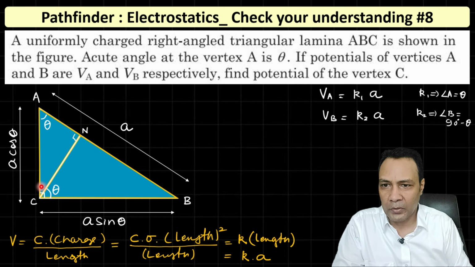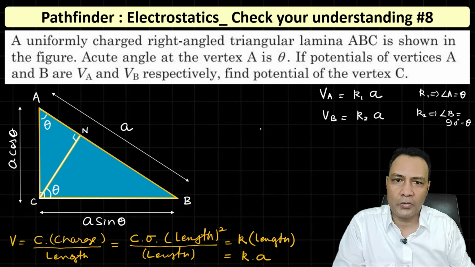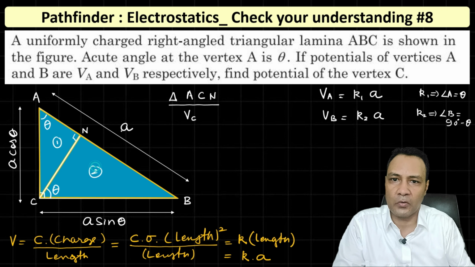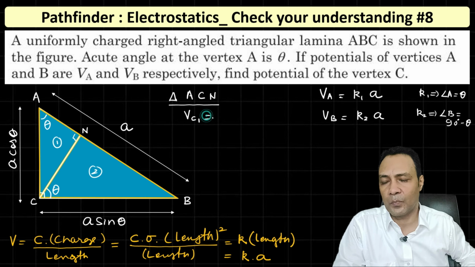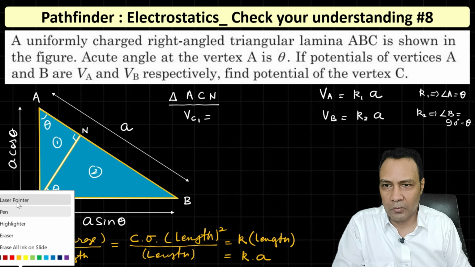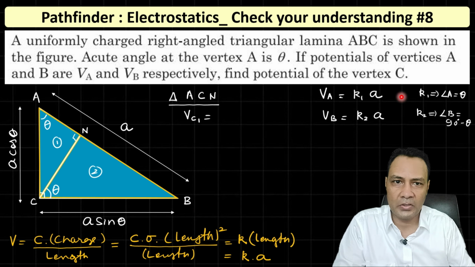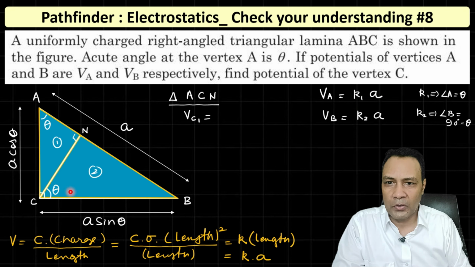So if I want to write potential at C because of the triangular lamina ACN, suppose this lamina is 1 and this lamina is 2, so because of this lamina, potential at C is this. Once again, let me recall the original. This was the original lamina, and A was the hypotenuse. Then potential at A, where the angle is theta, was K1A, and potential at B, where the angle was 90 minus theta, was K2A.